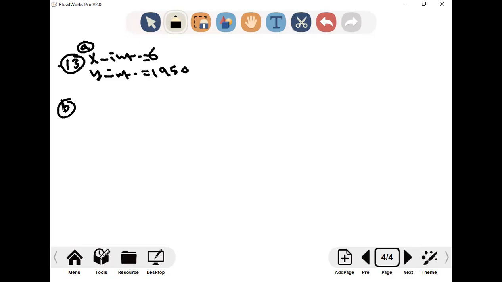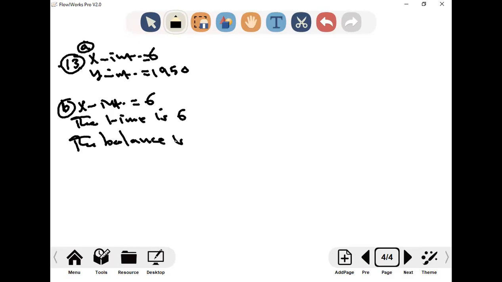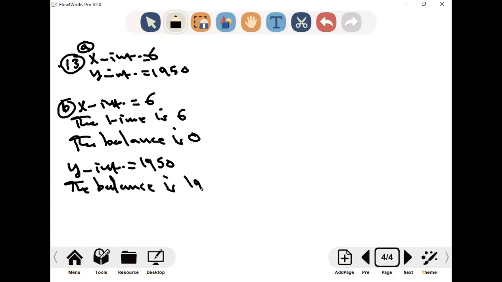If x-intercept equals 6, it means the time is 6, and the money, or the balance as they call it, is 0. Now the y-intercept, 1950, means the balance is 1950, and the time will be what? 0.